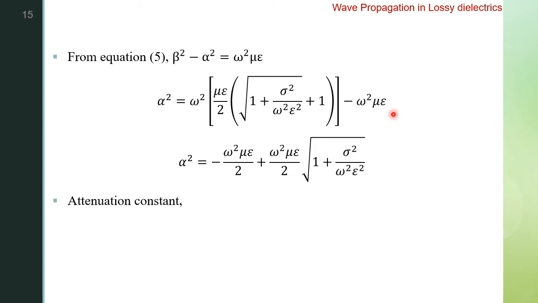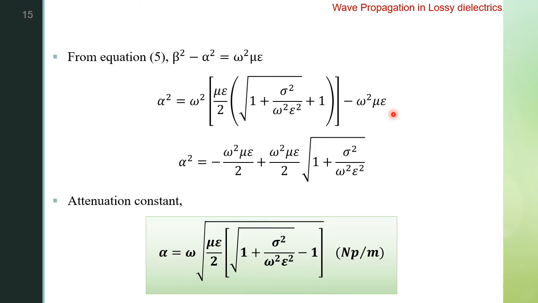So the value of attenuation constant alpha is given by omega into root of mu epsilon by 2 into root of 1 plus sigma square by omega square epsilon square minus 1. And this is the expression for attenuation constant alpha, and it is measured in the unit Neper per meter.